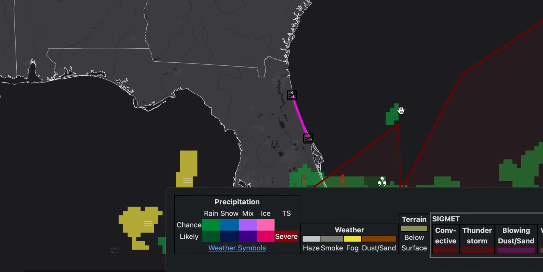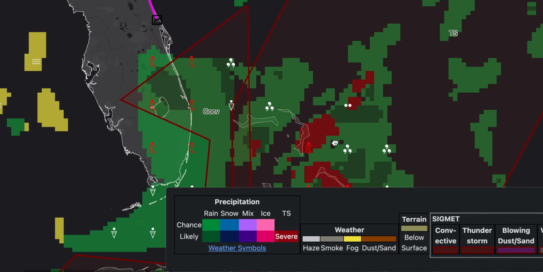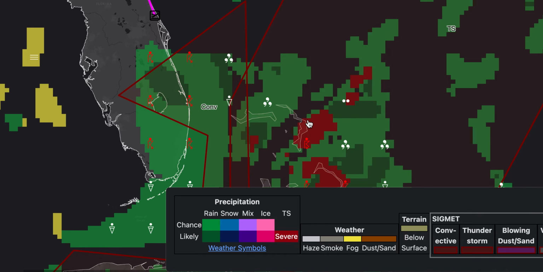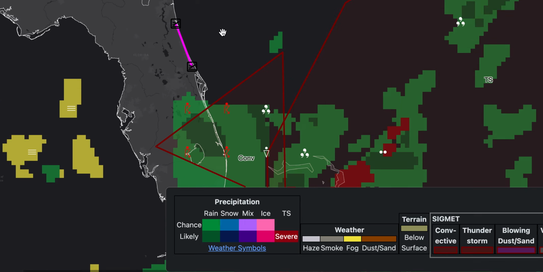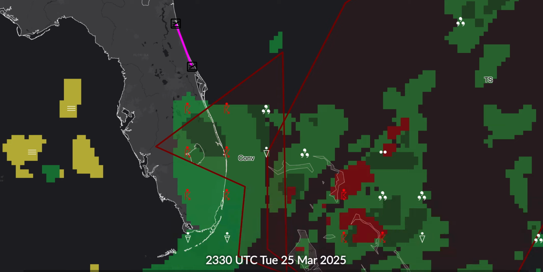Now, something that I want to point out here is this red. I don't recall seeing this red over Utah. I probably have, but I just don't remember. But this alludes to severe thunderstorms. So obviously if we were flying down here, definitely a no-go. If I was flying in this southern half, I'd say absolutely not.